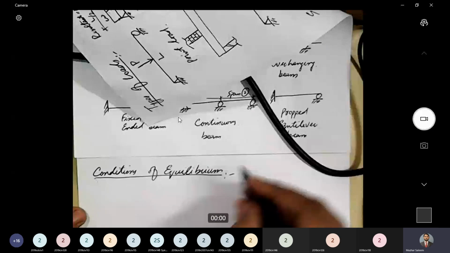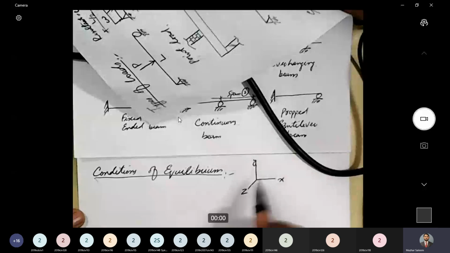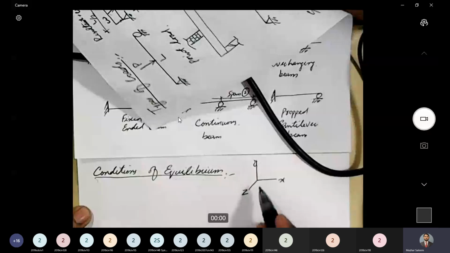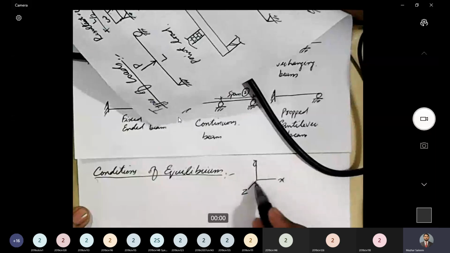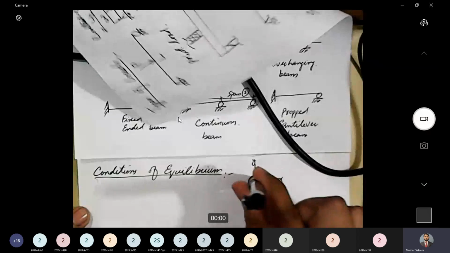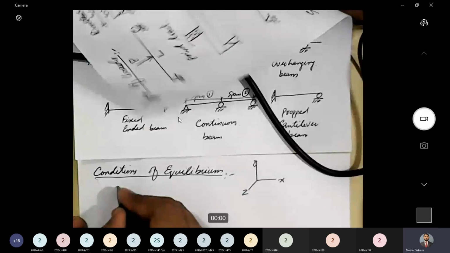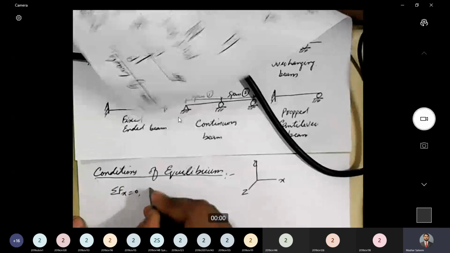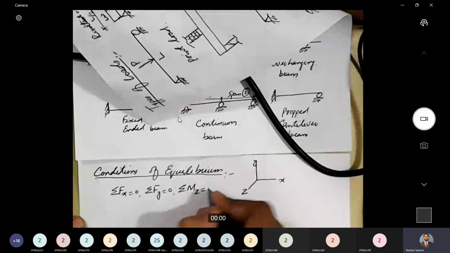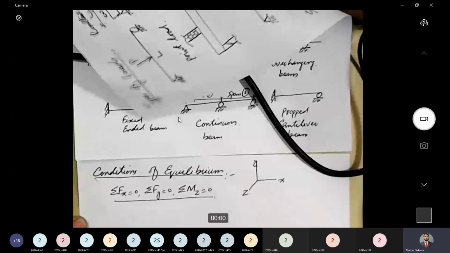Exactly, that is true. So if I say that these are my three axes, x, y, and z axis. X axis and y axis are in plane, in this plane. X is along the rightward direction, y is upward, and z is out of plane. Z is basically this direction, the out of plane direction. Okay. So if these are three axes, then the conditions of equilibrium are sigma Fx equal to 0, sigma Fy equal to 0, and sigma Mz equal to 0. So these are the three conditions of equilibrium for any two-dimensional system.